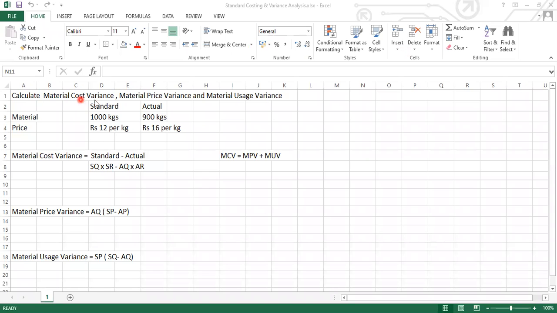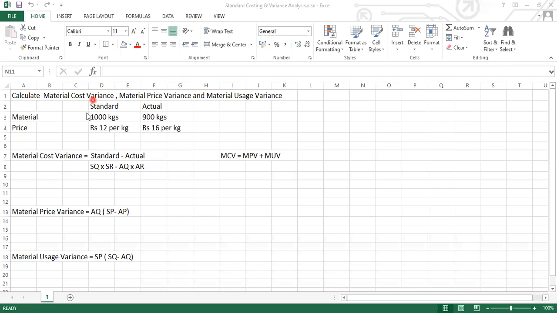Calculate material cost variance, material price variance, and material usage variance. So here they are asking us to calculate all the three variances: cost, price, as well as the usage variance. Now, what is the information for this purpose which they have given?